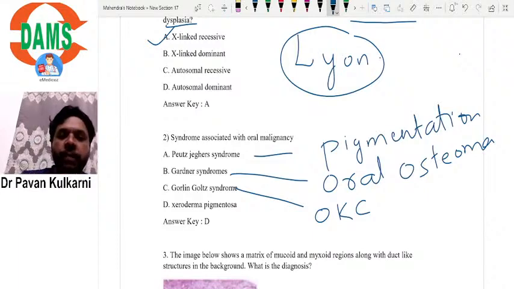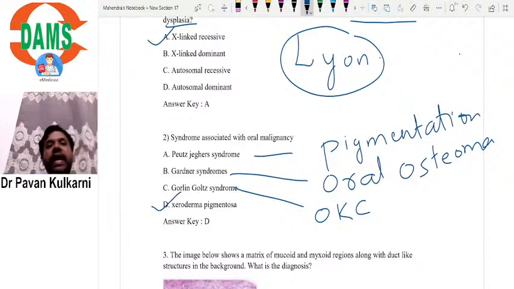Xeroderma pigmentosa will basically have oral malignancy, particularly squamous cell carcinoma.